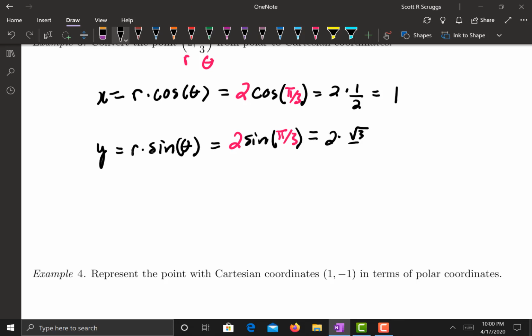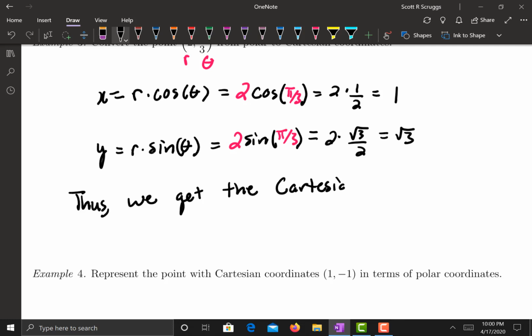Sine of pi/3 is √3/2. I get √3. So that means we get the Cartesian point (1, √3).